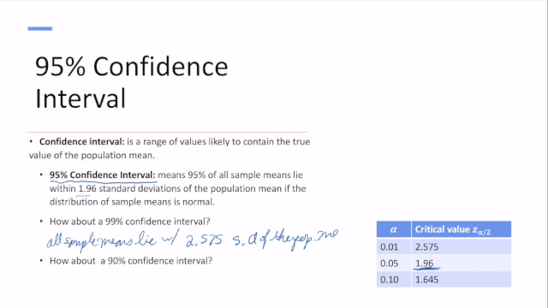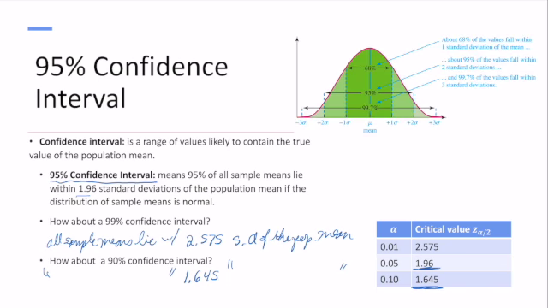And for a 90% confidence interval, it would be the same thing, except now I have a z value of 1.645. So that's the number of standard deviations within the population mean. So here we have our 95% confidence interval, right? Just about 2, and 99 and 90 would be right about here.